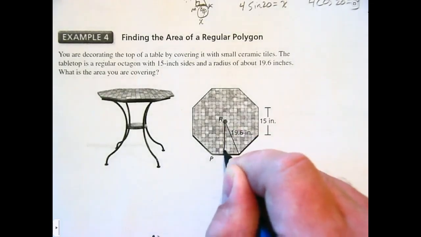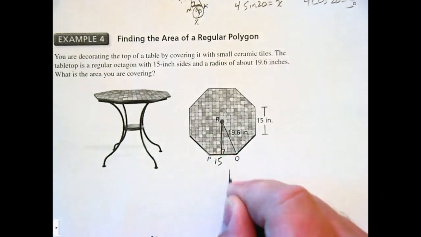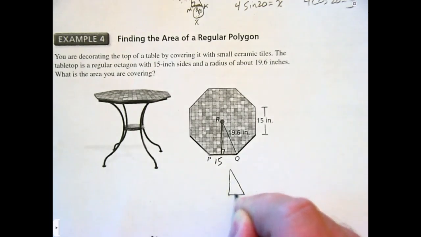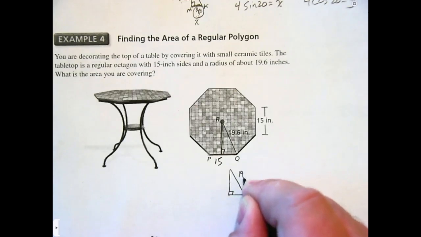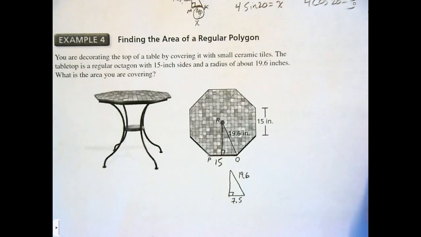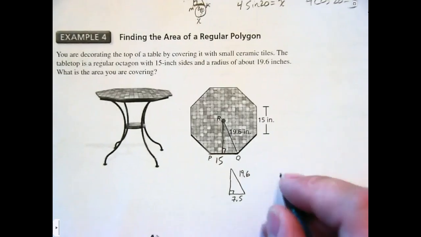Your apothem drops down there, and if this is regular, that means this is 15 for this entire side, which means if I pull that triangle out there, this is half of 15, or 7.5. Okay, and then we can use the Pythagorean theorem here. They've given us values.